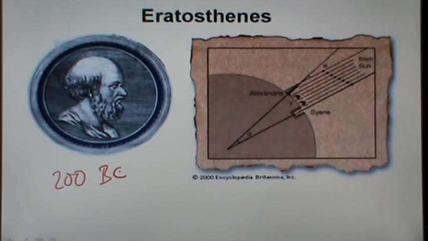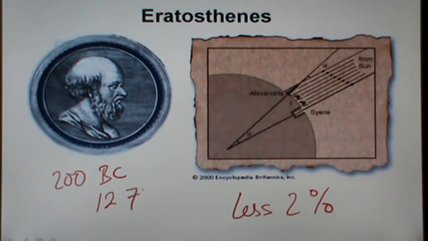His method is so interesting, and he found that the value of the diameter of the Earth has an error less than 2% from the real value we have now. And the diameter of the Earth is around 12,756.2 kilometers.